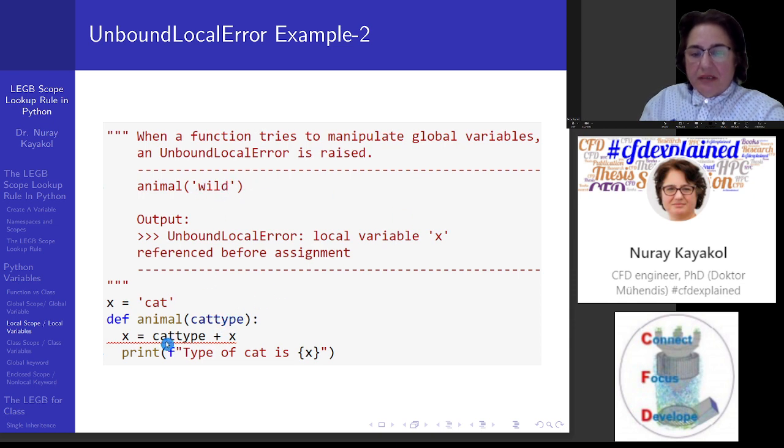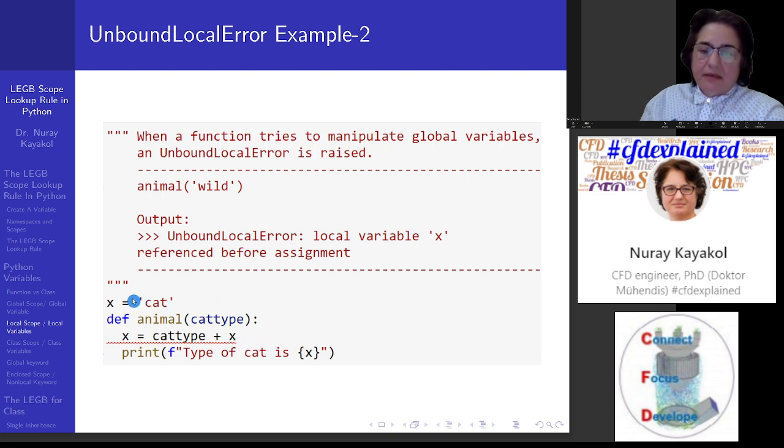So it has to add two strings with a plus sign, and you might expect the type of cat is wild cat. So why does Python give this error on this line? Because x appears on the right hand side and the left hand side.